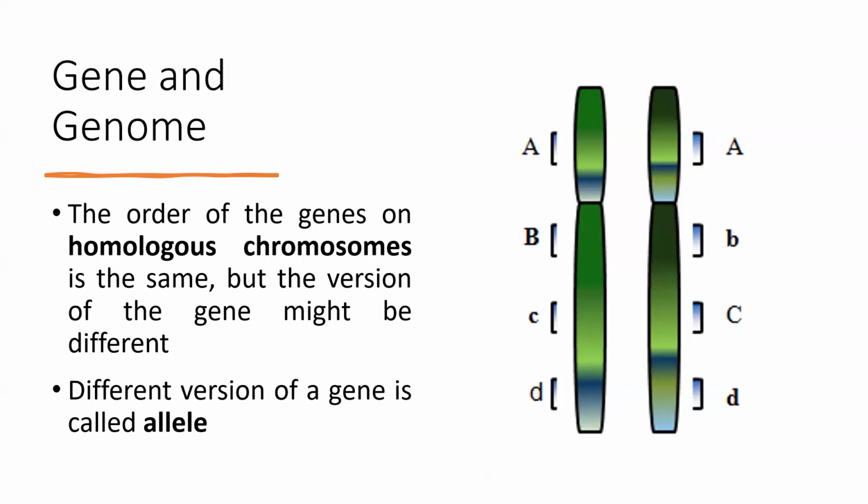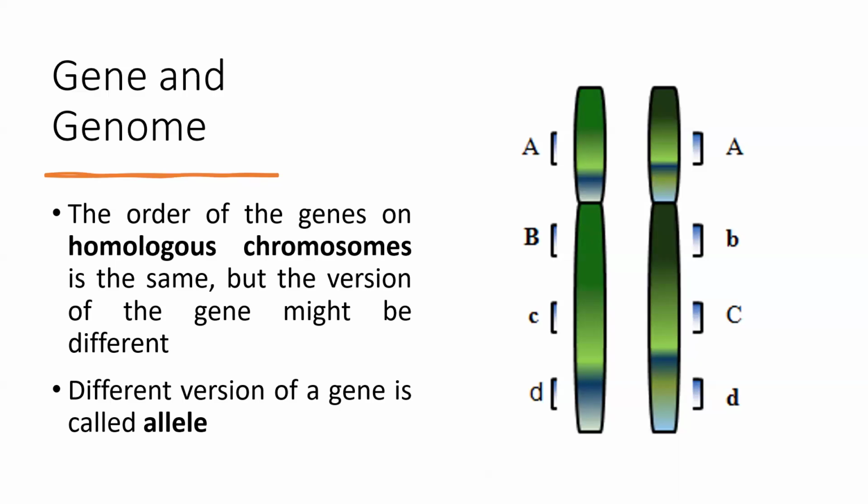If one parent has type B blood and the other parent has type A blood, then I might inherit different genes for blood type. Or both of my parents have brown eyes, and I inherit the brown eye gene. So they could be the same, they could be different. But the type of genetic information is the same for homologous chromosomes.